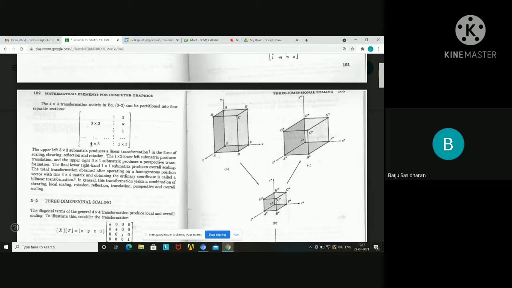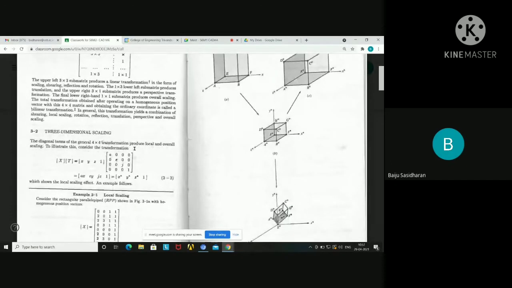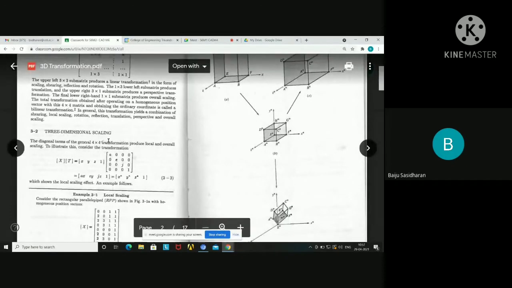Okay, and this 1 by 3 matrix is responsible for translation, and this 1 by 1 matrix is responsible for overall scaling. The next one is the three-dimensional scaling.